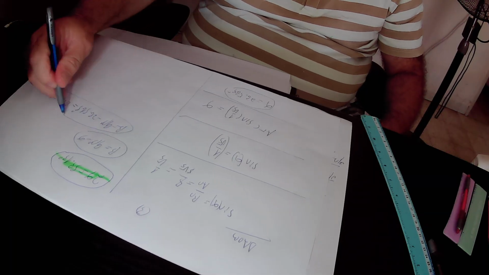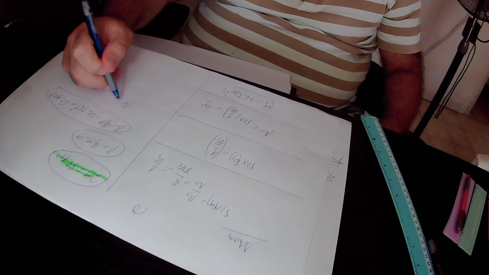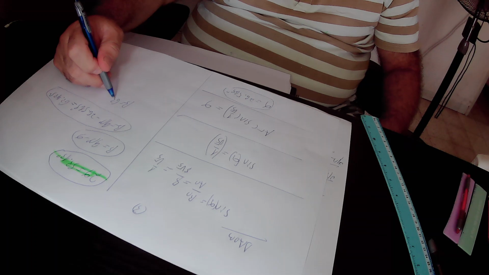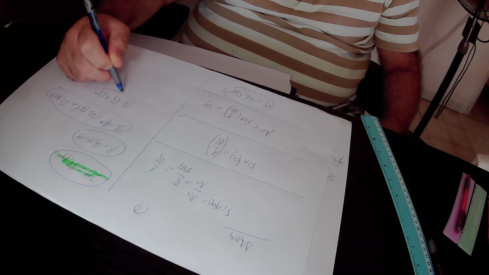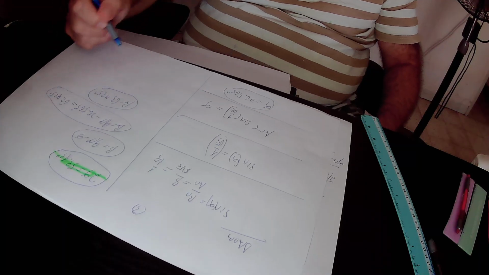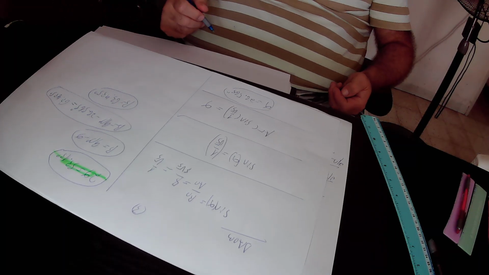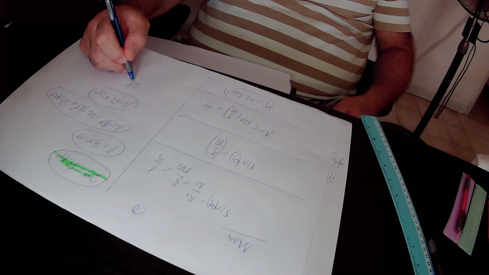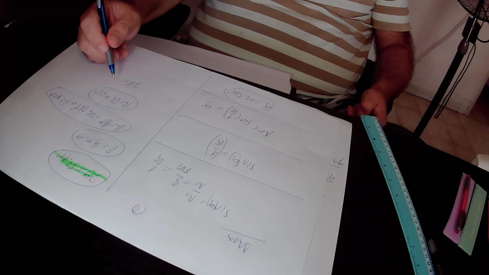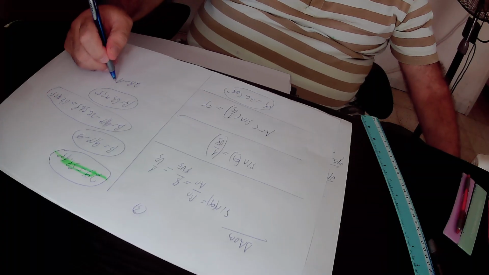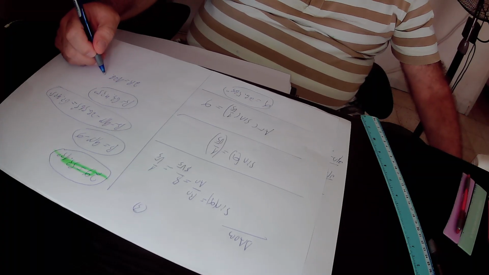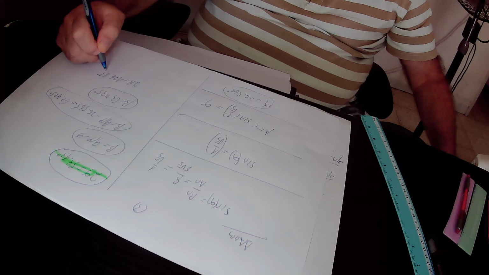So angle beta equals 63.435 degrees in its size. If beta equals 63.435 degrees, it means that 2 beta will be equal to 2 times 63.435, which is 126.87 degrees in its size.